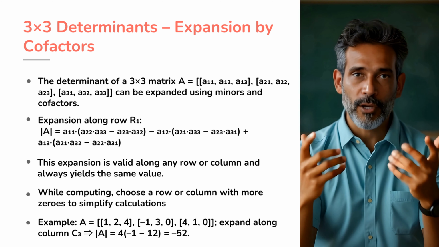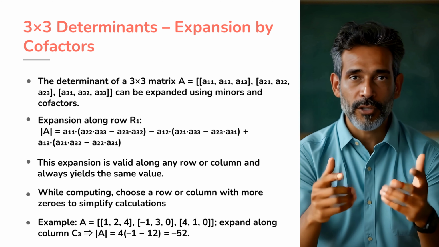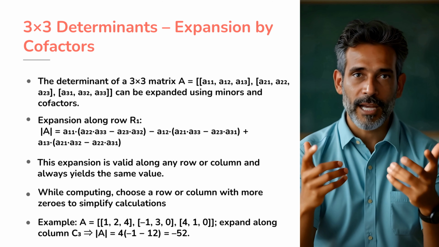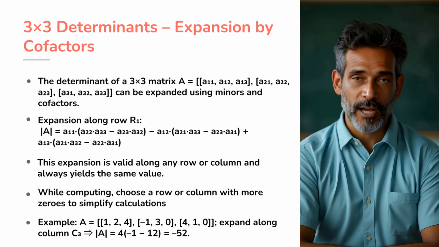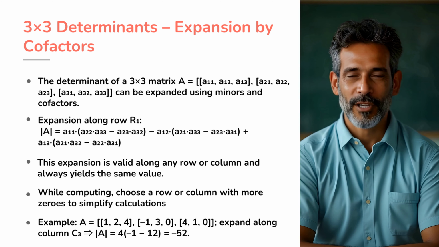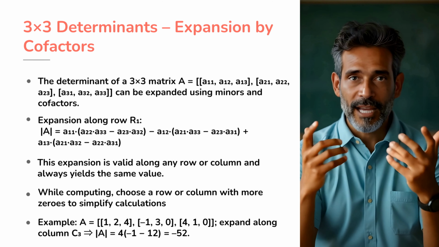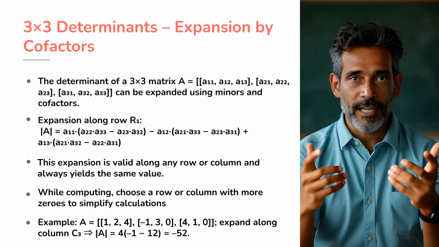If we expand along the first row, the formula is mod A equals a11 into (a22 times a33 minus a23 times a32) minus a12 into (a21 times a33 minus a23 times a31) plus a13 into (a21 times a32 minus a22 times a31).